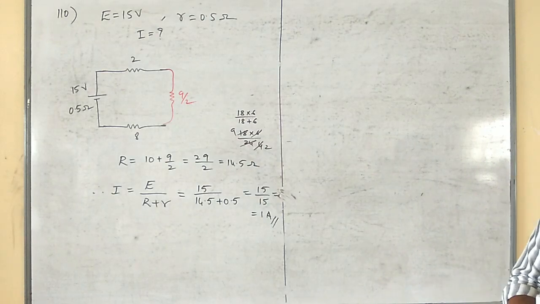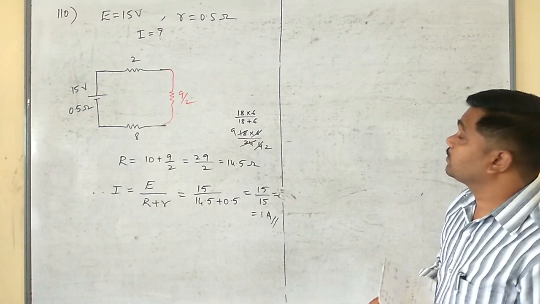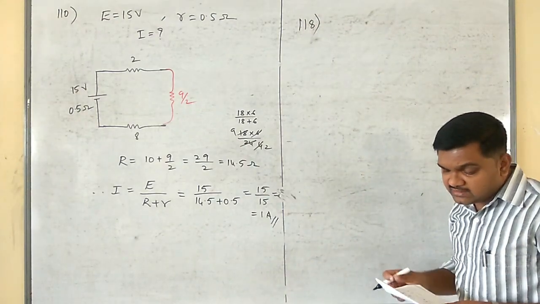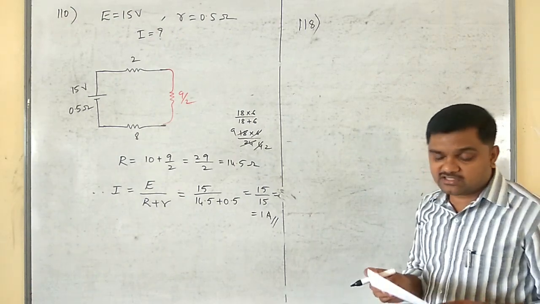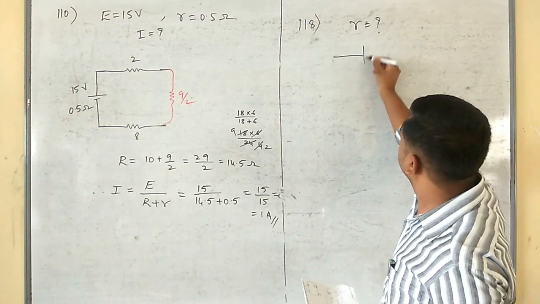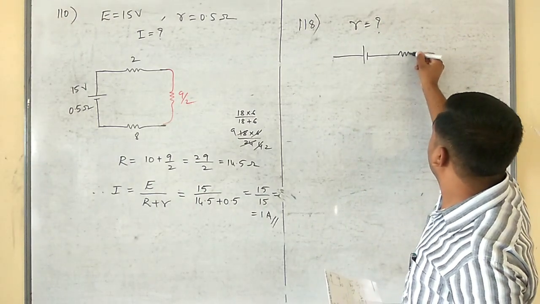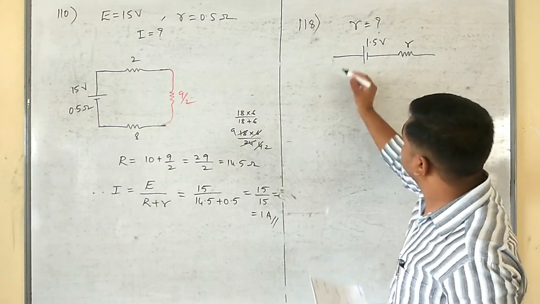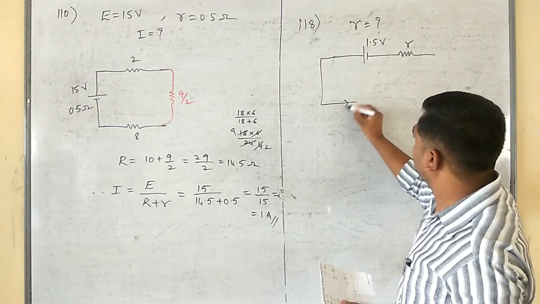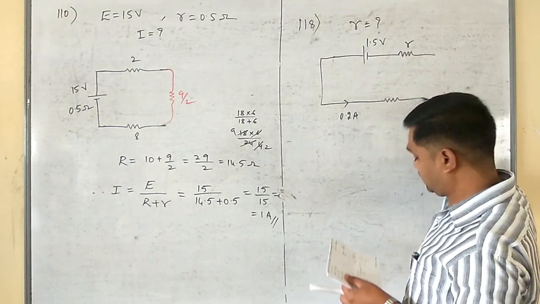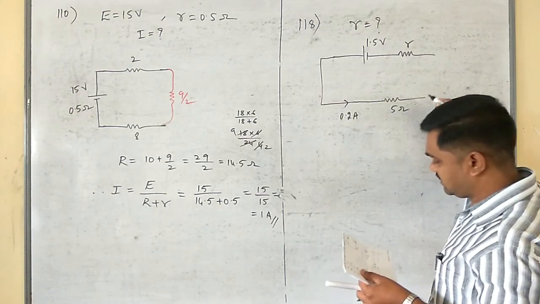Okay. Next, question number 118. In the given figure, the internal resistance of the cell, small r, is a question mark. EMF is 1.5 volt, current value is given as 0.2 ampere, external resistance is 5 ohm.